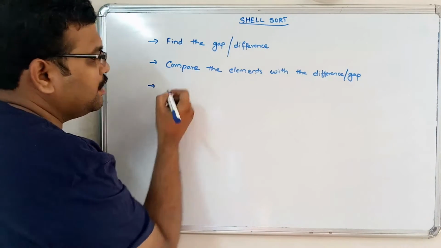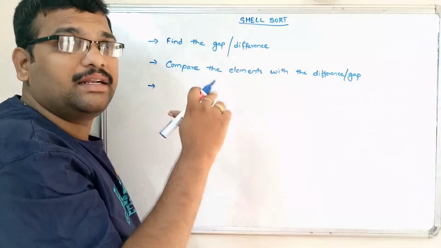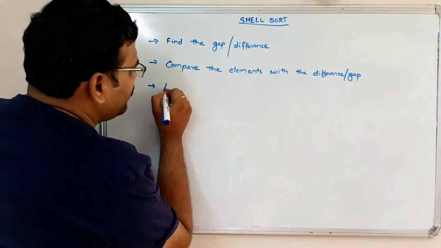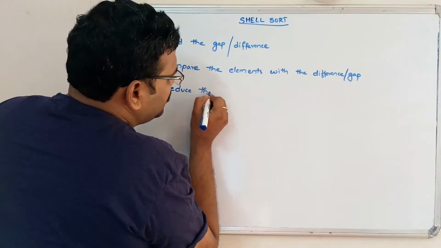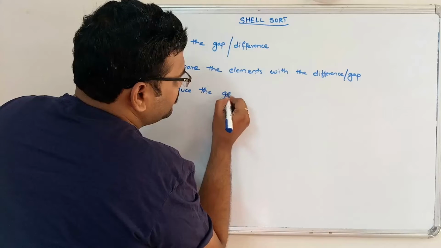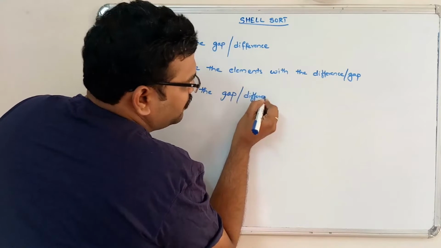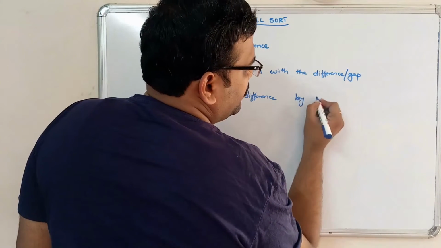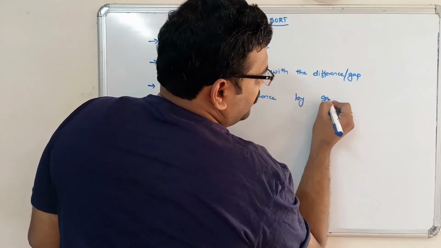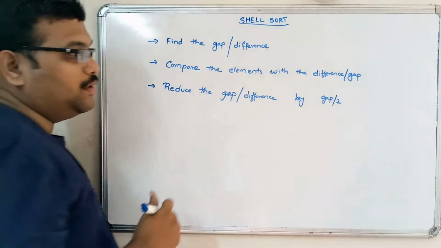Next, this is completely done for one iteration, and for every iteration we have to reduce the gap or a difference by 2, the gap by 2 or a difference by 2, right?